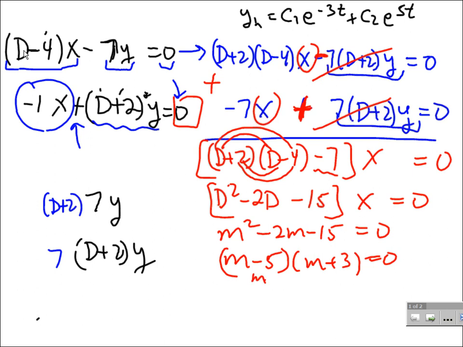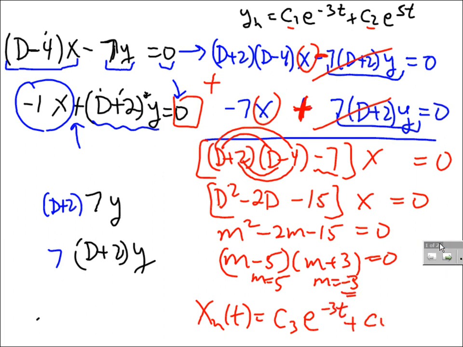And so m is 5, or m is negative 3, and you get that x homogeneous of t is going to be, since I used C1 and C2, I'll say C3, e to the negative 3t plus C4, e to the 5t. So x homogeneous is C3, e to the negative 3t plus C4, e to the 5t.